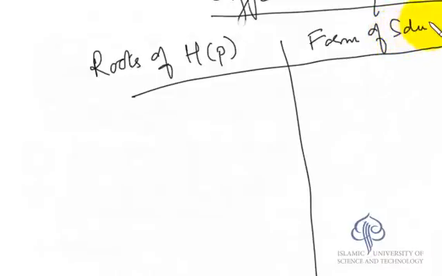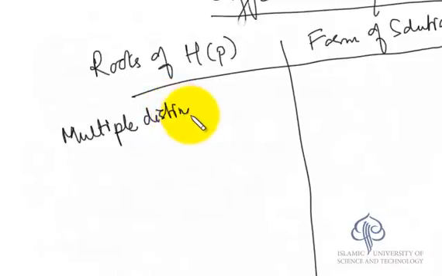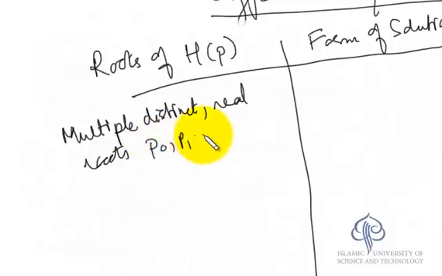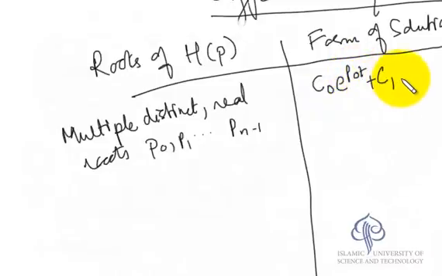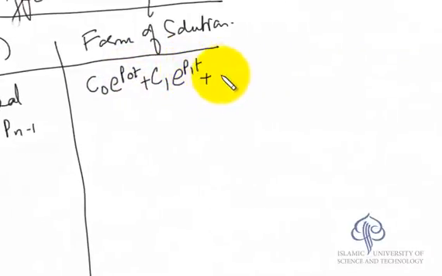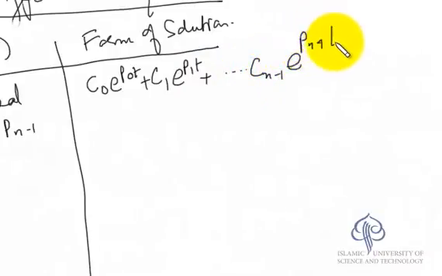So we have already seen that if your roots are multiple distinct real roots, p0, p1 up to pn minus 1, then the solution is C0 e to the power p0t plus C1 e to the power p1t plus Cn minus 1 e to the power pn minus 1 t.